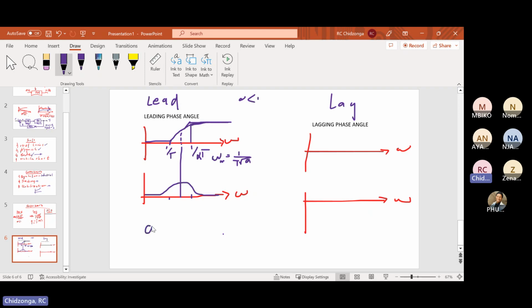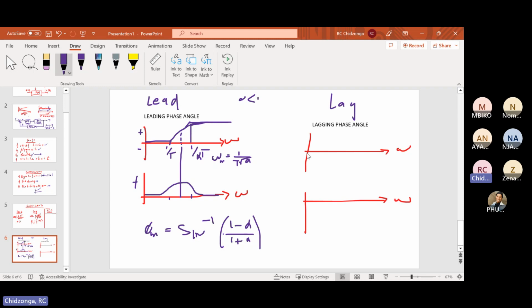And we saw that that maximum phase advance is given by sine inverse of (1 minus alpha) over (1 plus alpha). That is the maximum angle that you are going to get, depending on your design, what is the value of alpha, what is the value of T. So the angle here is positive, and dB is negative.